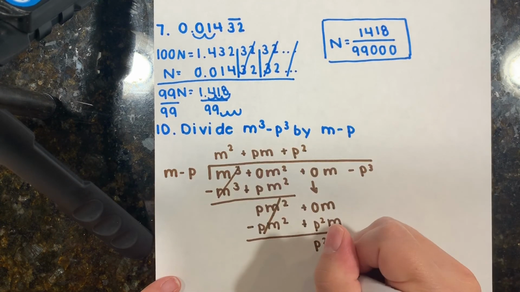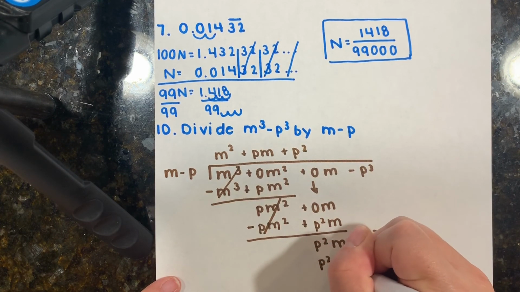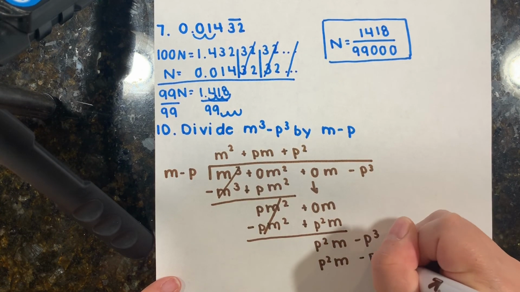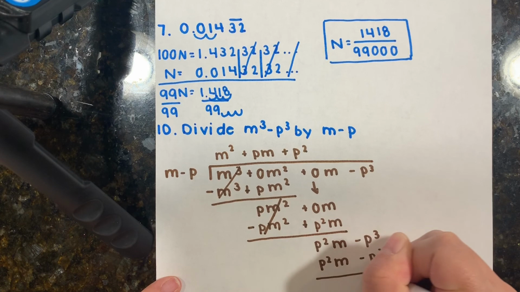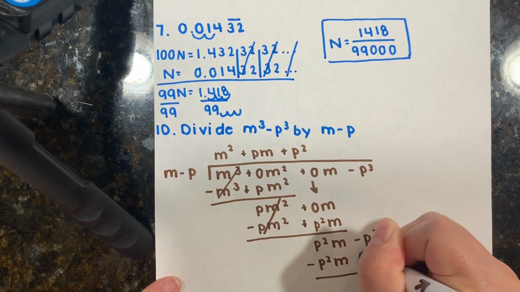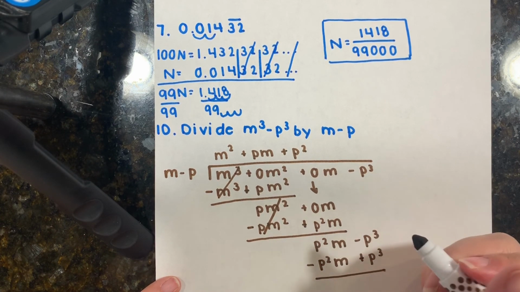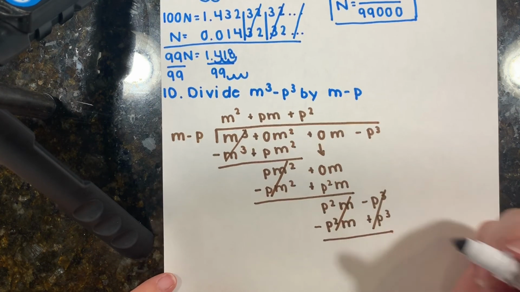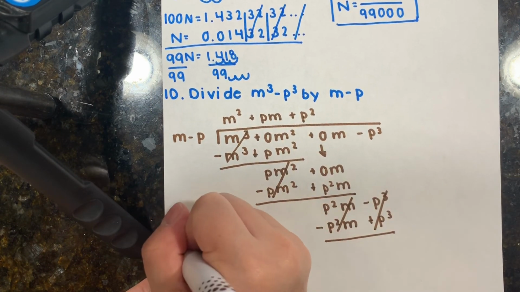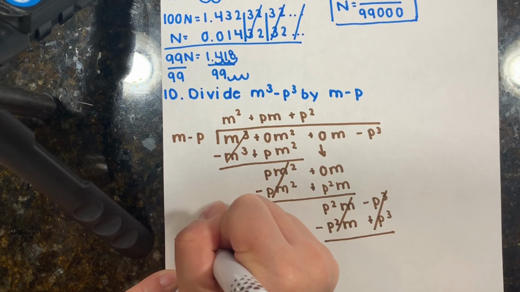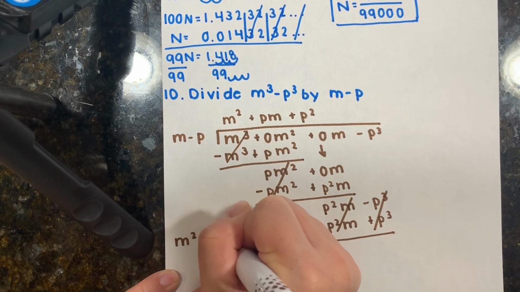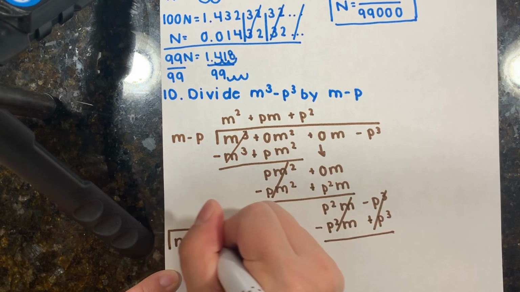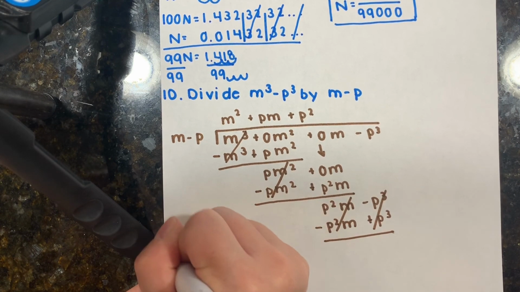P squared times m would be p squared m. P squared times negative p would be negative p cubed. But again, you're subtracting, so this changes to negative, this changes to positive. Not only does the p squared m cancel, but also the p cubed, which means that your answer is just going to be m squared plus pm plus p squared. So it's long division just with multiple variables, and that's from lesson 103.